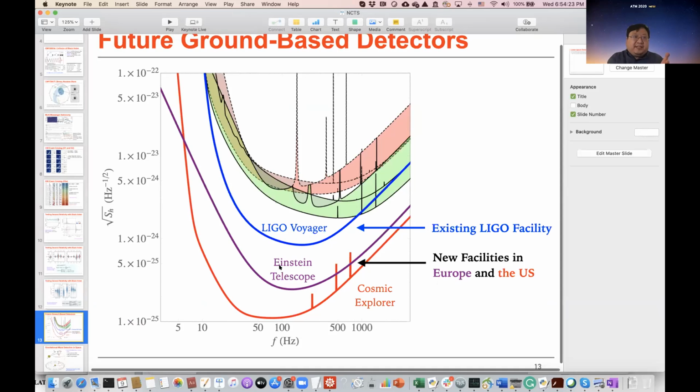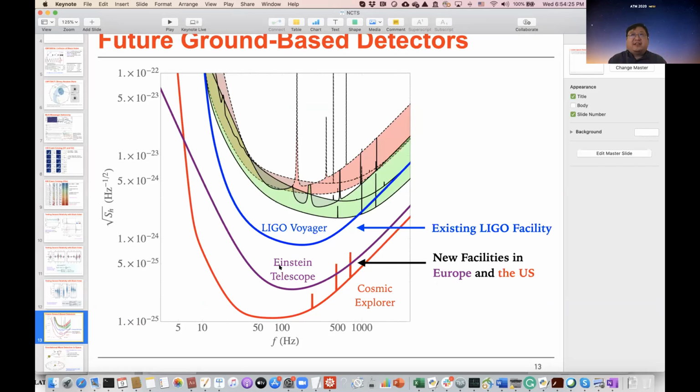So these are basically going to propose to increase our sensitivity by factors of 3 or 4 on the ground, and then up to a factor of 20 or 30 if we have new facilities. So I will mention a little bit more why we want to have these new capabilities.